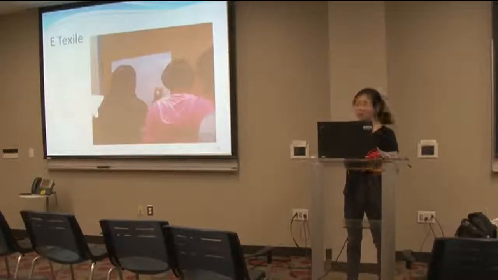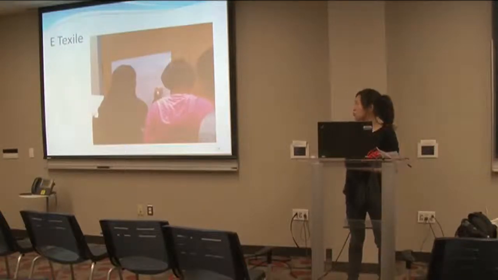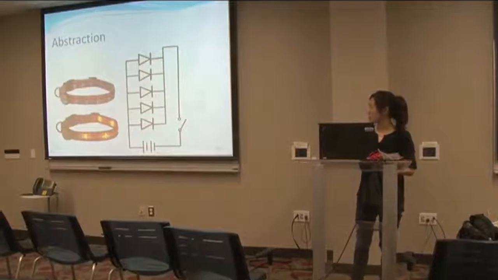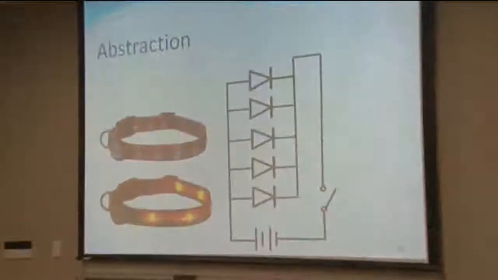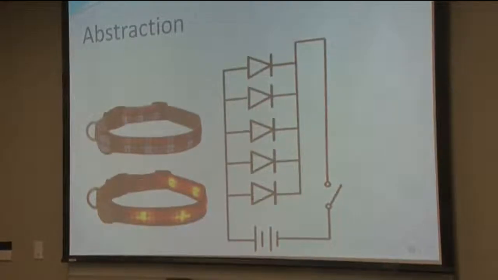Because of computational thinking, we encourage students to draw the diagram for the products they make. For example, this one is a dog collar. Our students actually made something similar, not so nice looking, but similar.